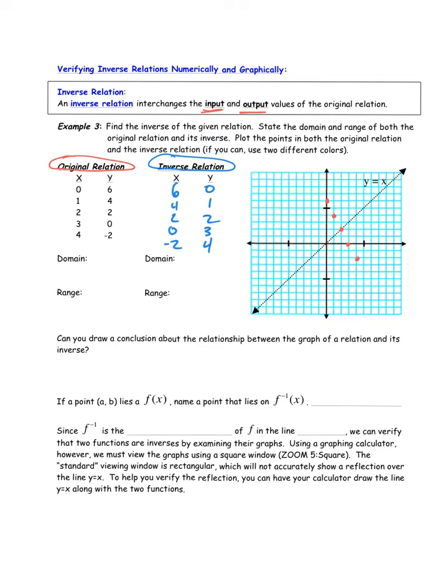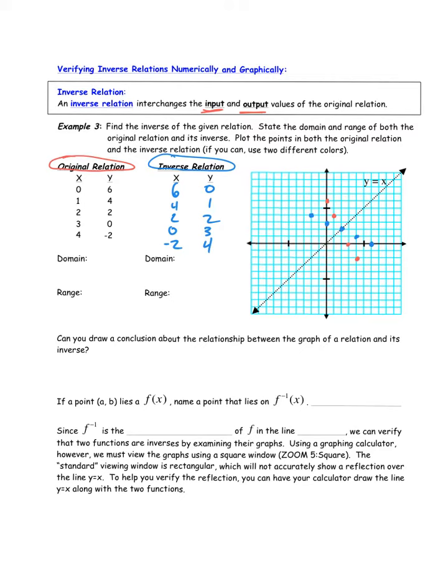Those were the points on my original relation. I'm also going to plot the points on my inverse relation. So I'm going to have the points (6, 0), (4, 1), (2, 2), (0, 3), and (-2, 4). Okay, so I plotted those points.